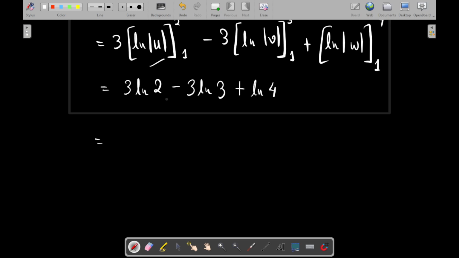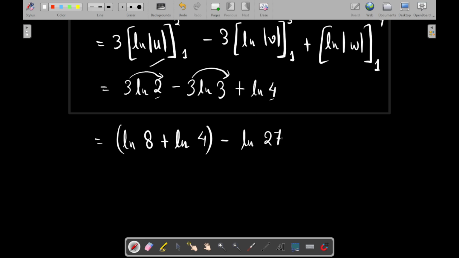Now on taking the positive terms together, if I take this 3 to the power here, this becomes 2 cubed, so this becomes ln 8 plus ln 4, minus, if I again take this to the power of 3, this will become ln 3 cubed, so ln 27.